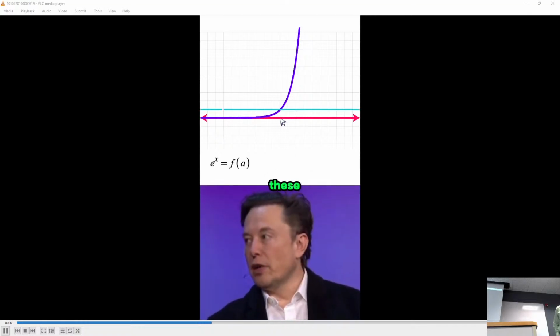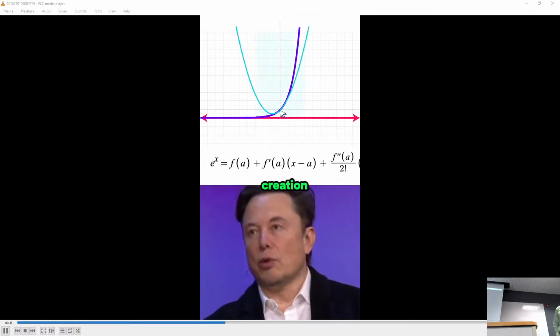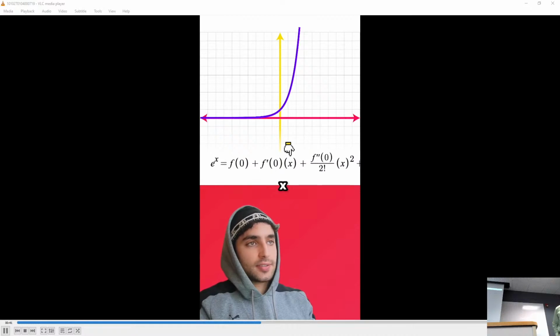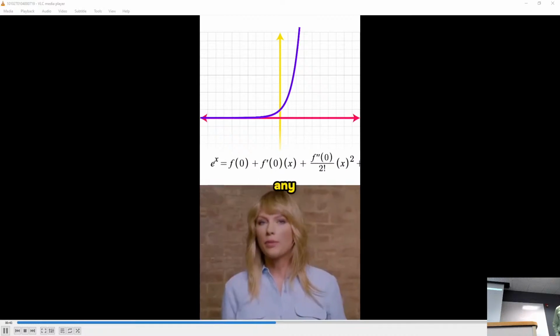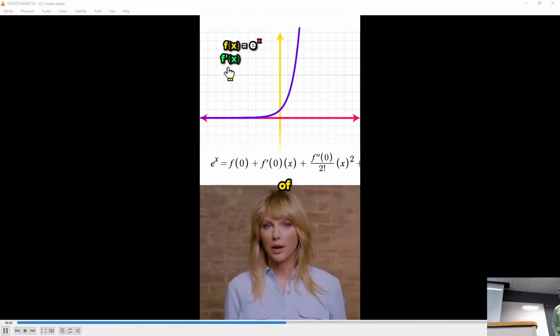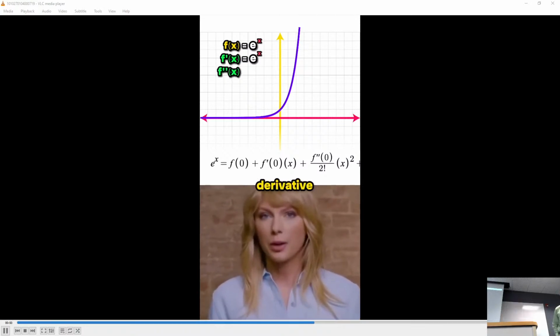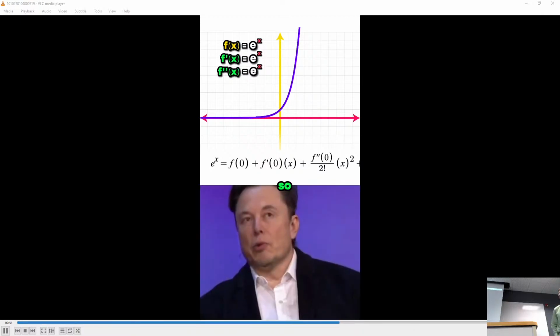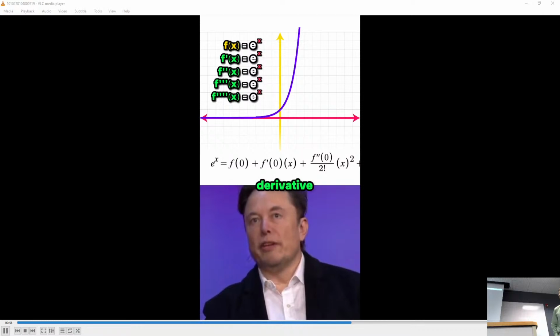So as we start adding these terms, a is the spot where our creation will be most accurate. Let's just set it to 0 for this example and watch what happens. Hang on, x minus 0 is x. Nice simplification, Doc. Now, before we go any further, remember the derivative of e to the x is also e to the x. This means that the second derivative, which is the derivative of the first derivative, will also be e to the x. And so will the third derivative, fourth derivative, and all the others.